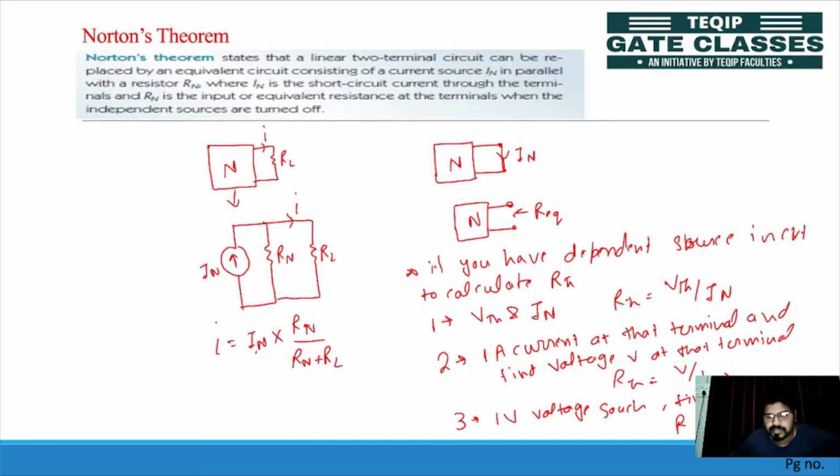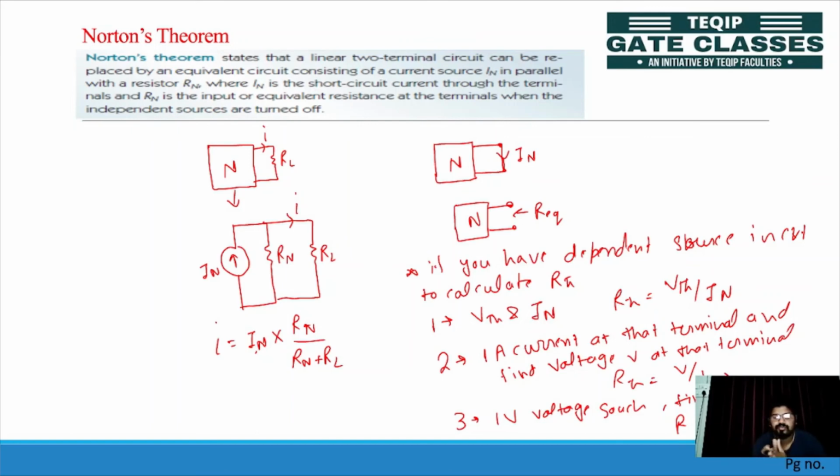So if you have a dependent source in a circuit, you may adopt any one of these methods. You can calculate VTH and IN and take the ratio of VTH to IN to calculate RTH. You can assume a 1 ampere current source at the terminal, find the voltage across that source, and find RTH by V by 1.